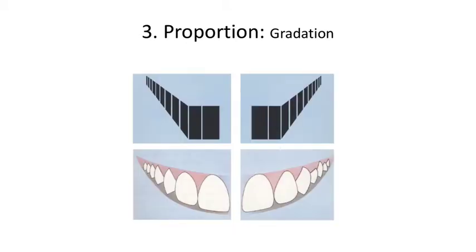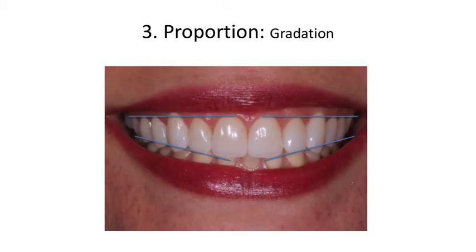If we look at this diagram here, you can see how the front teeth actually look bigger, and as we go back in the mouth, the molars and the teeth farther back should appear smaller than the ones at the front. Here is an example of where gradation has been properly handled, where the teeth at the back are getting smaller visually, even though they're not physically smaller.